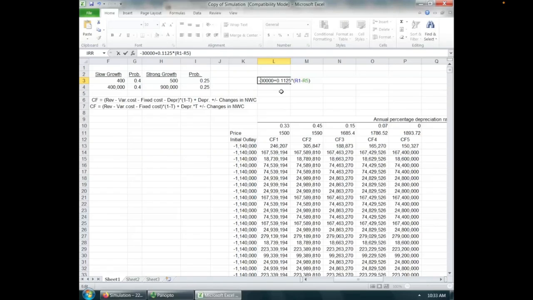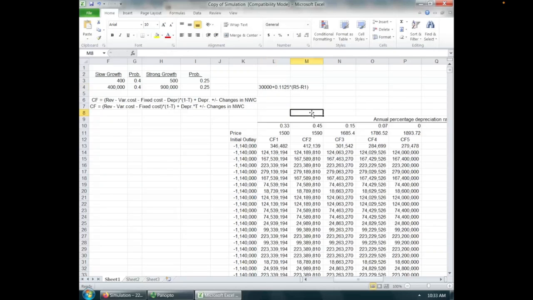So if we put a negative sign in front of it, then it's going to be 30,000 plus 11.25 times revenue 5 minus revenue 1. So that's how much we're going to recover in year 5.